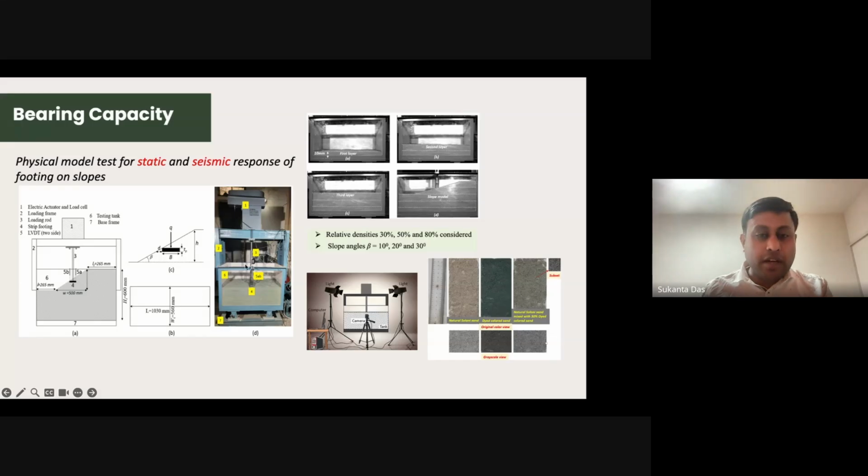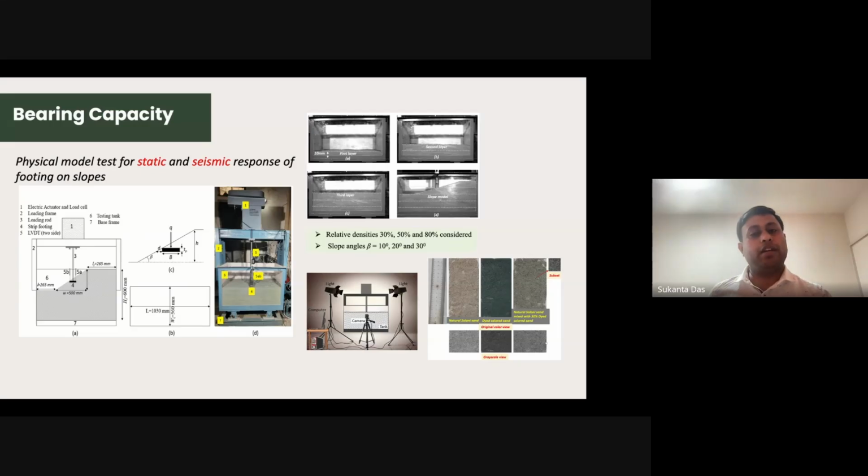One side is transparent, and at the top we placed an electric actuator with a constant loading rate, and we applied advanced digital image correlation techniques to see whether the failure mechanism and everything is the same as the numerical results. That was our motivation.